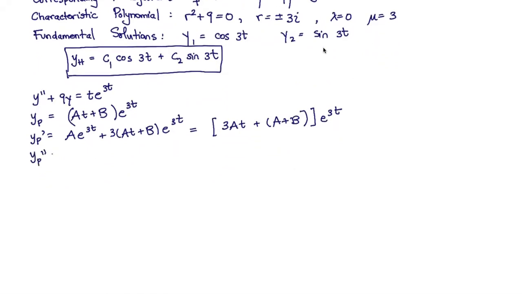And we would find when we do the second derivative, taking the derivative of the first function, we would end up with 3a e to the 3t plus 3at plus a plus b times e to the 3t times 3.